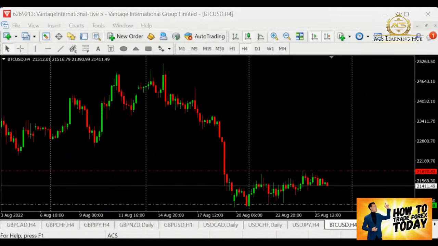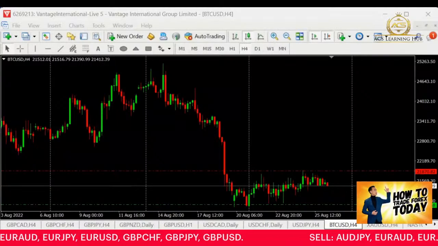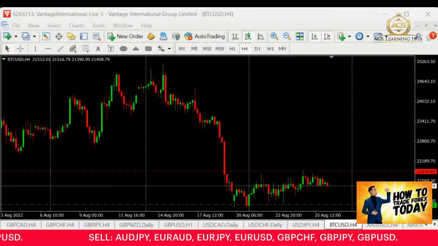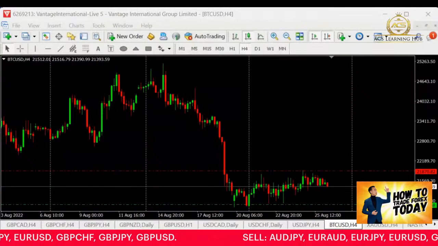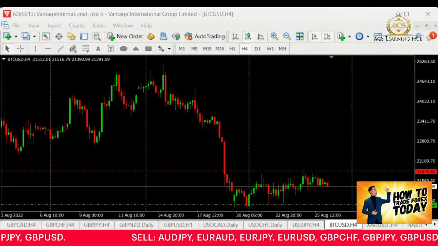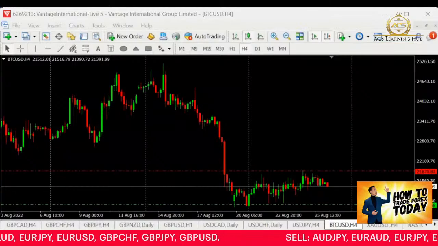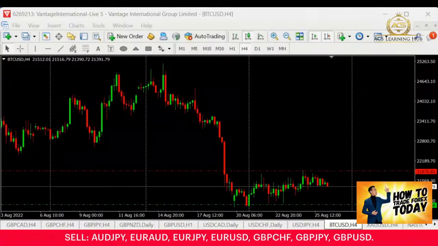These are all the currency pairs that I'm going to focus on to sell: Aussie yen, Euro Aussie, Euro yen, Euro dollar, pound franc, pound yen, pound dollar. All these will be the currency pairs that I will be looking at.